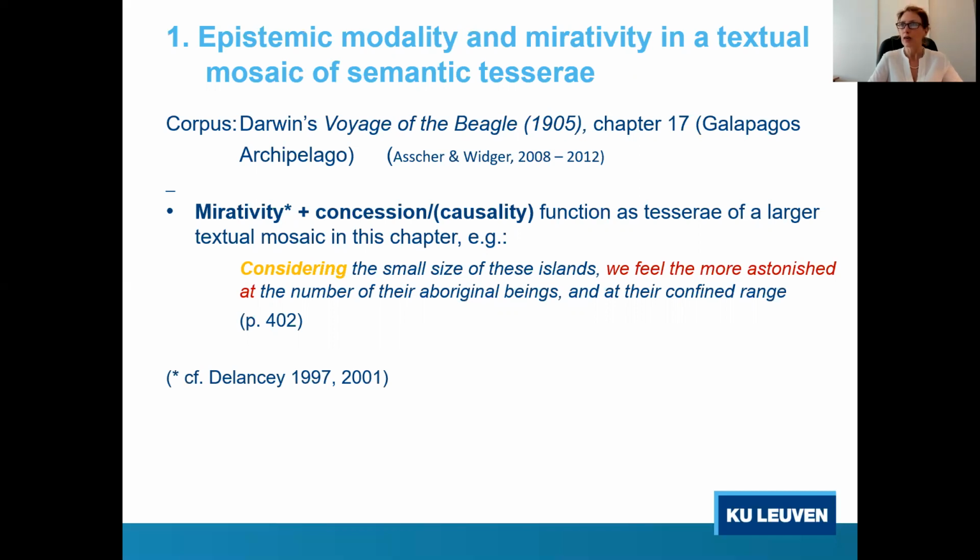So I analyzed for the previous T&R conference chapter 17 of Darwin's Voyage of the Beagle, and in that text, I found very many expressions where these two meanings co-create one message, as you can see in the example here. For instance, "considering the small size of these islands, we feel the more astonished at the number of their aboriginal beings and at their confined range." The concession actually creates the context for the reader.